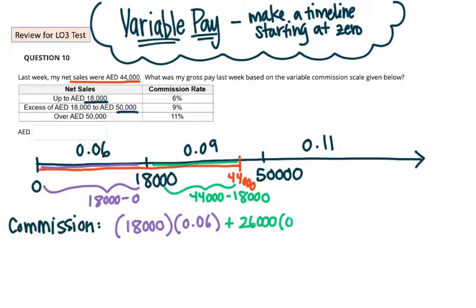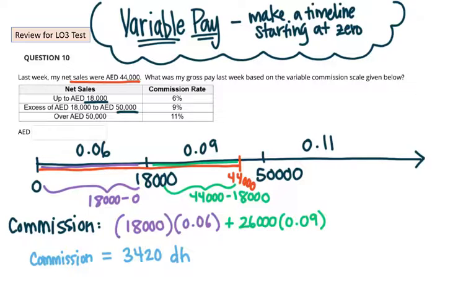And that is going to be at a rate of 9%. Now, unfortunately, the salesman did not sell any more than that, so we can't go into the other categories. And this will be the calculation for our commission. And we get a final calculation of 3,420 dirhams.